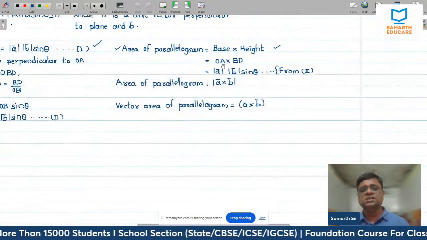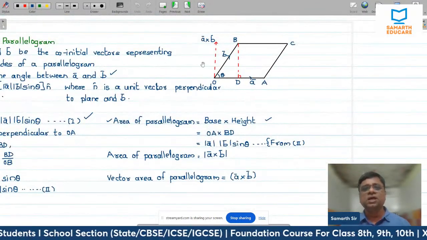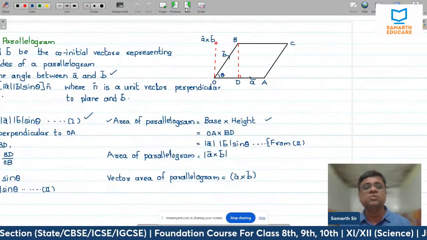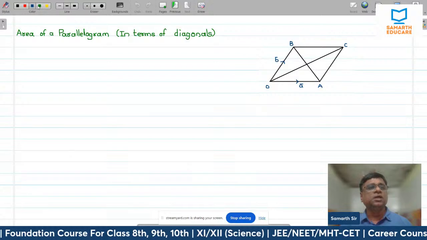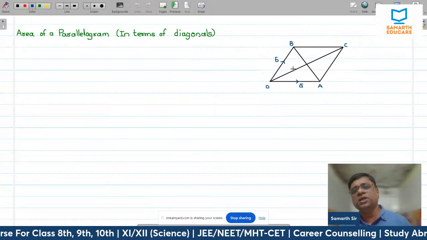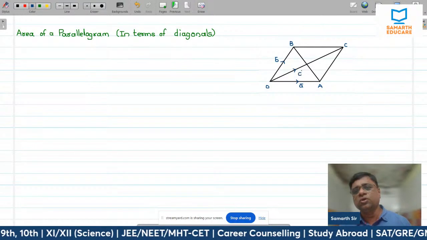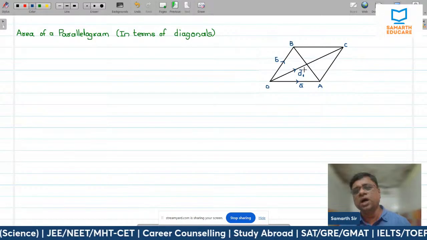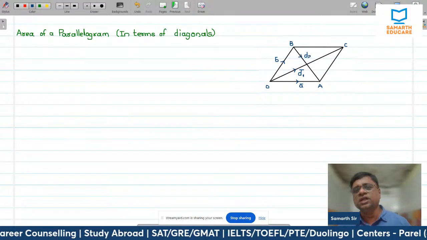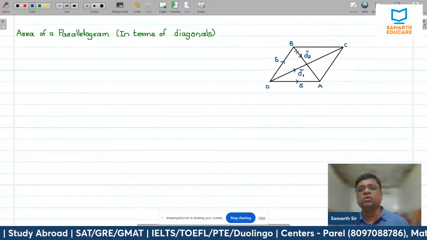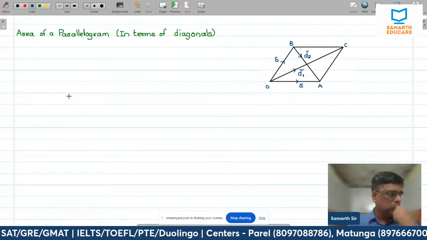Can you see this? Except A bar cross B bar, which is not needed right now. So we are talking about it in terms of diagonals. Let me label this as one diagonal, D1 bar, and this as another diagonal, D2 bar. So there are two diagonals, D1 bar and D2 bar.